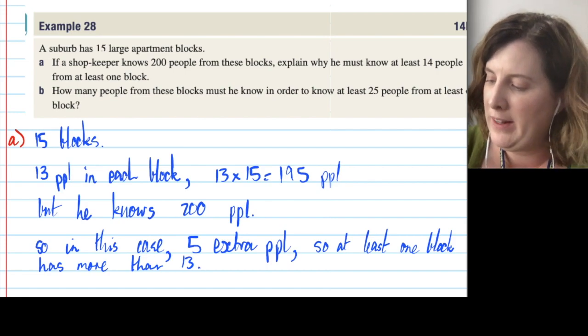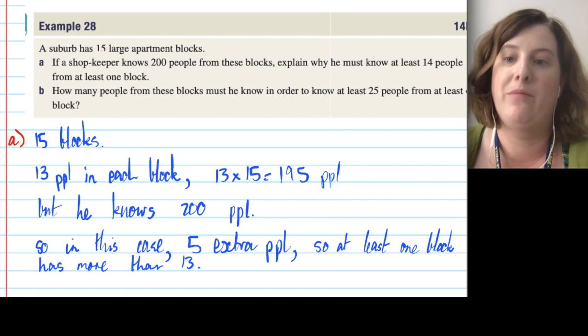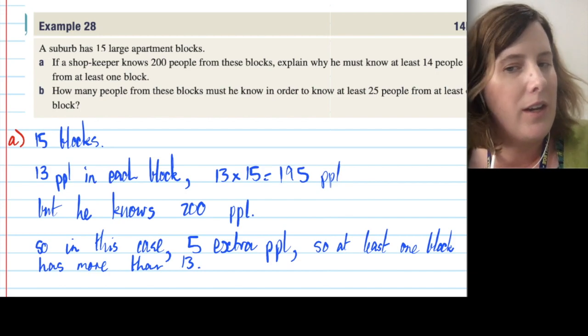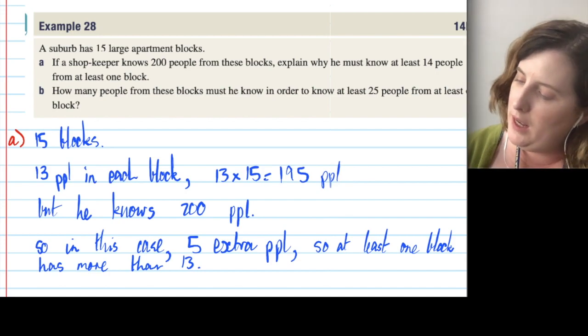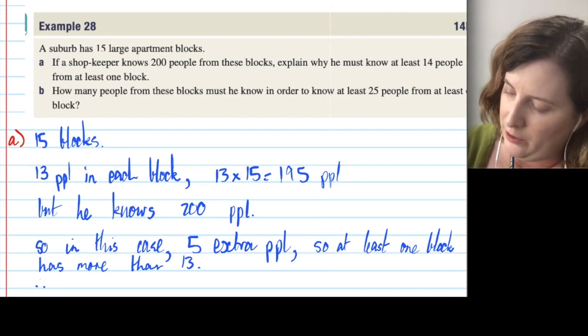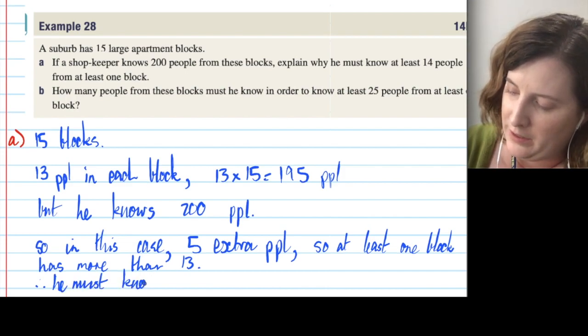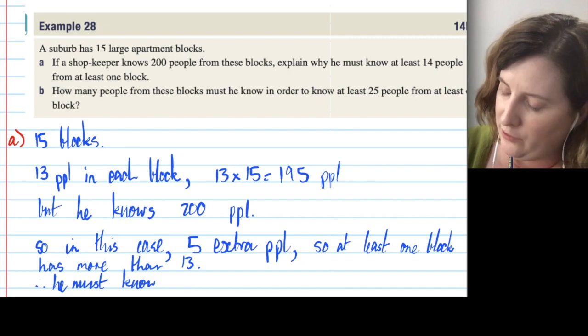So at least one block has to have more than 13. 14 is the next number that's more than 13. You can't know 13 and a half people. Therefore, he must know at least 14 from one block.